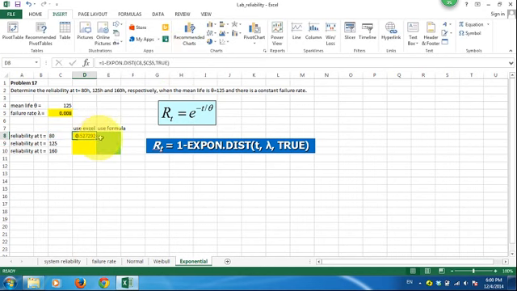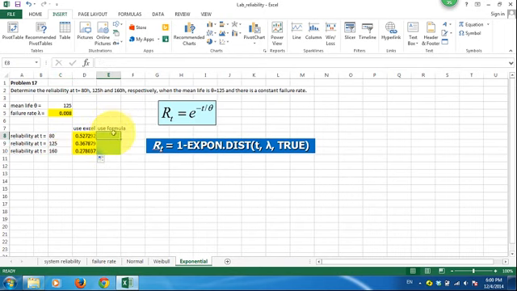Now you can copy the formula, and you will have obtained the reliability at different times. As you can see, when you have a longer time period, a larger t value, you will have a smaller reliability. This makes sense because you will have a smaller probability to survive after a longer length of time.